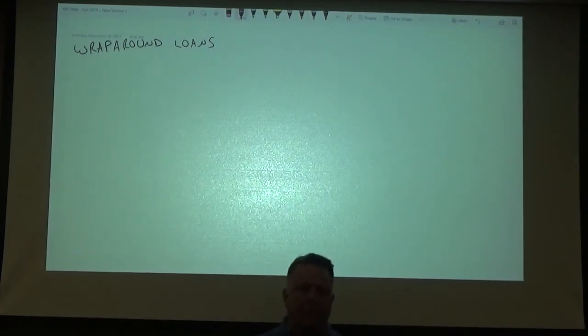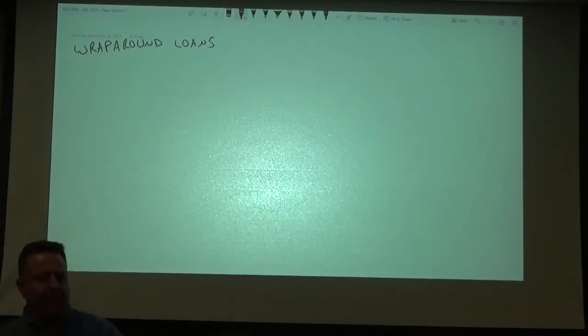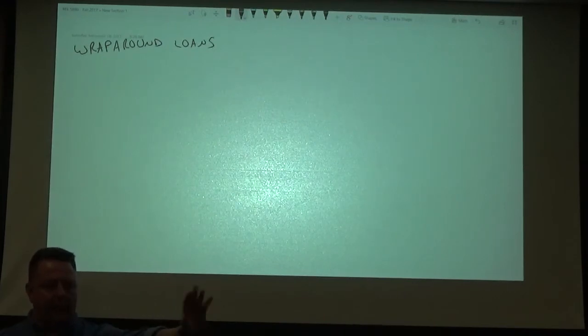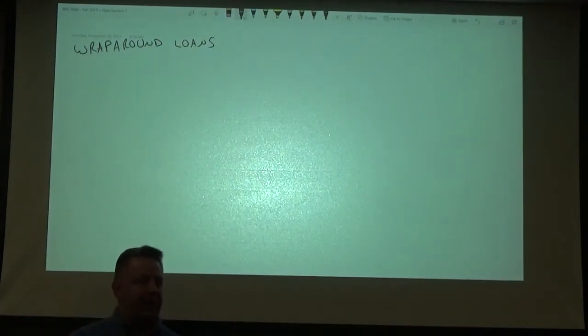Now, the way this works is assume that I'm the lender, the primary lender. I have lent you whatever, $100,000. You've paid down that loan maybe over a couple of years. And then all of a sudden the market value of your home has escalated to maybe a couple $100,000. So you go and you find basically what's called a wrap lender. The wrap lender is going to issue you a loan for a much higher dollar amount.